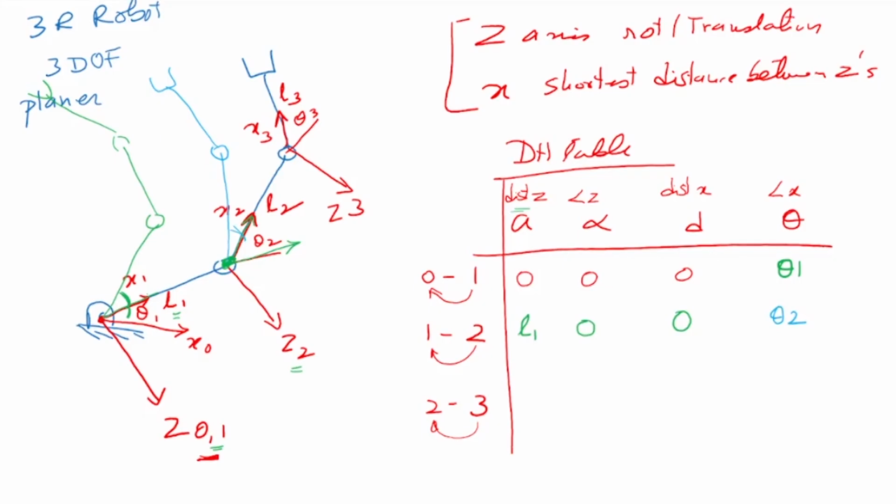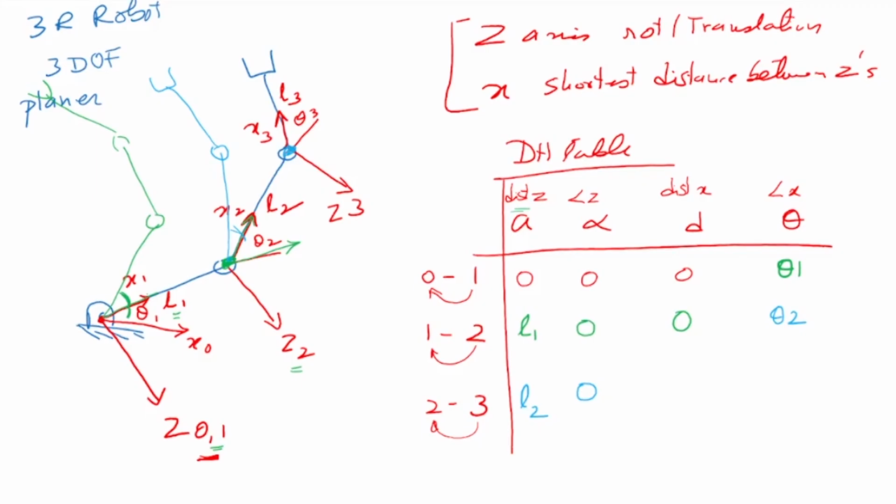Now what about the third one, that is the third frame to the second frame? Where is the third frame? The third frame is here and the second frame is here. If you look at A, which is the distance between the z-axes, there is L2, which is the distance between z3 and z2. Then what is angle alpha? Alpha is the angle between z3 and z2, which is 0 because they are parallel axes.